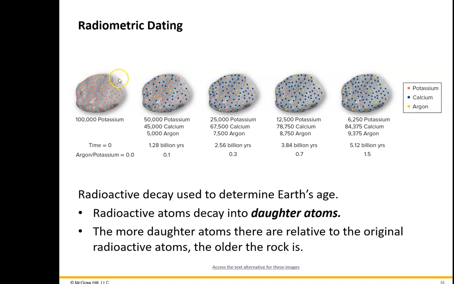Every single time, the oldest rocks that we ever find, half of the uranium-238 has become lead-206, and it's always a 50% ratio, right? Half of it is lead-206, half of it is uranium-238, and the only way for that to happen is if one half-life of uranium-238 has gone by, and that's exactly what we find.